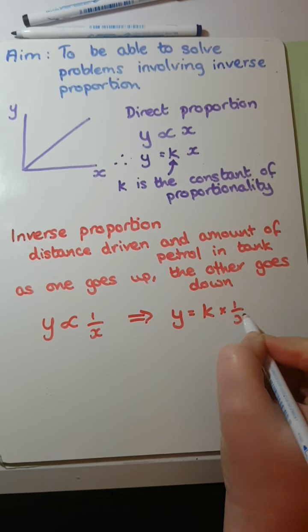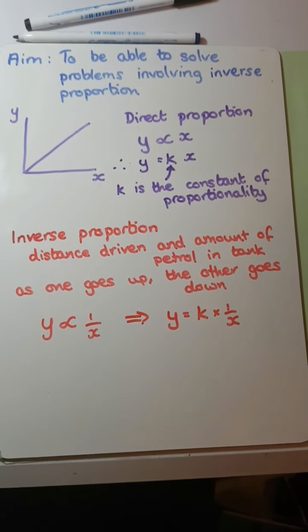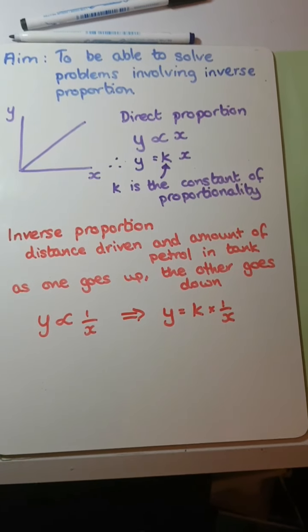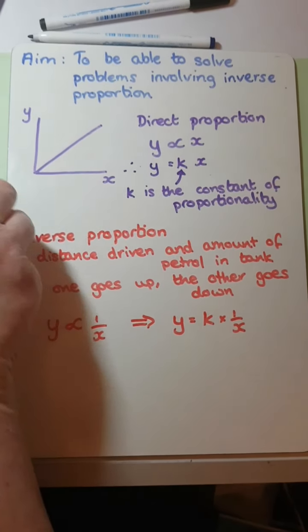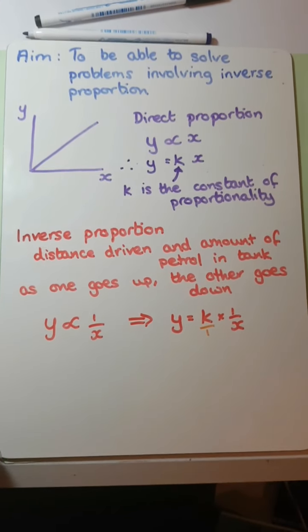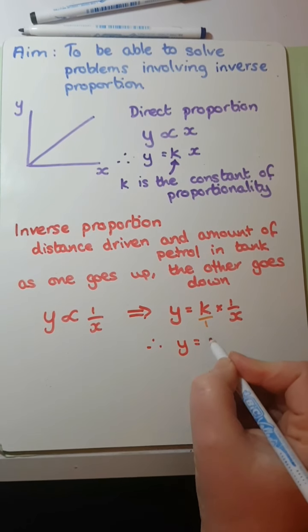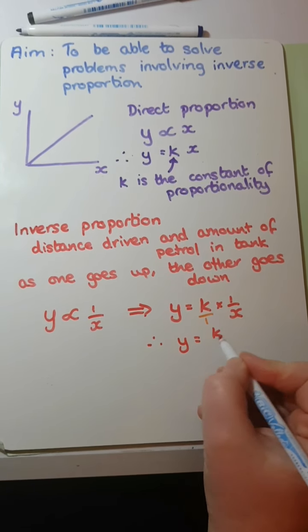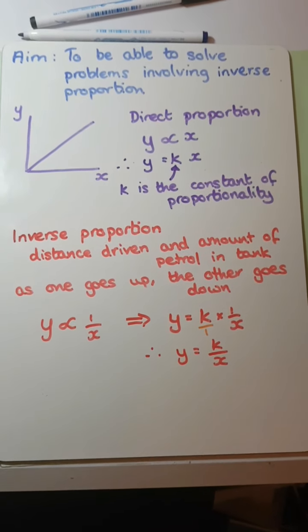But what we've got is equals k times 1 over x. Thinking about your fraction multiplication, that's the same thing as having k over 1. So when I multiply it, I've got y equals k times 1 is k, over 1 times x is x. So that is how that relationship will look.